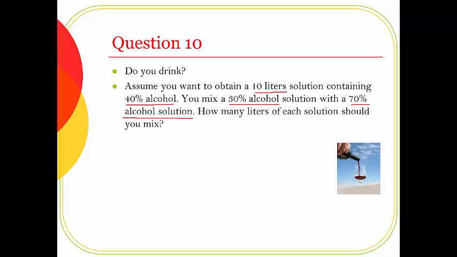It's too strong, you don't want it, and you only have a 30% alcohol solution available. You want to get at least a 40% alcohol solution, so you have to dilute it, you have to mix it. But the volume is the thing, that is where volume comes into consideration.